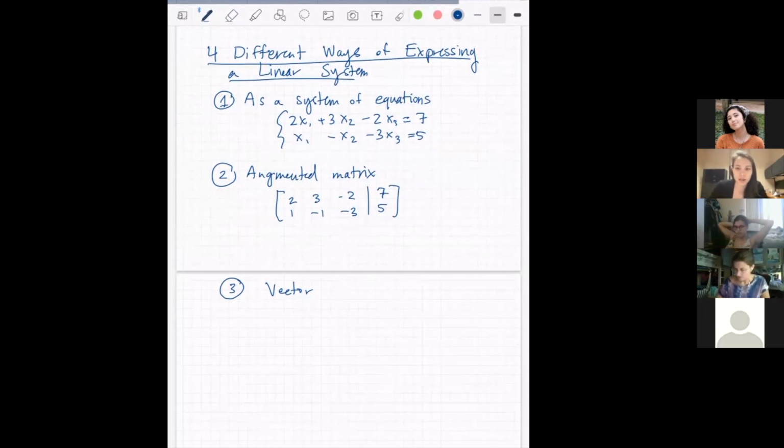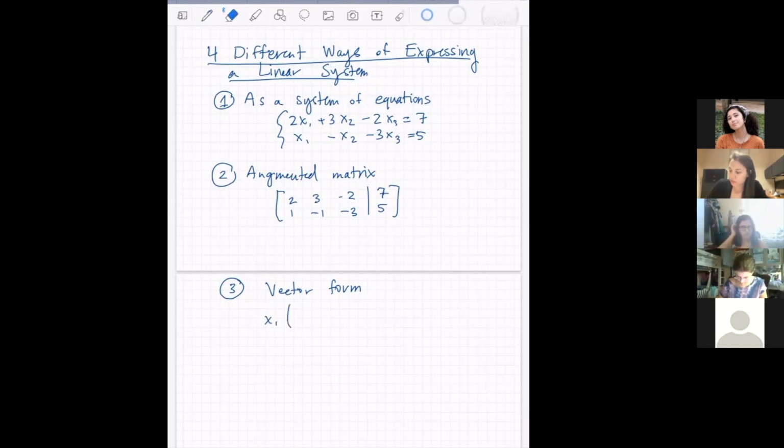Okay, so the vector form, this is where we write x1 times each of the columns, right?